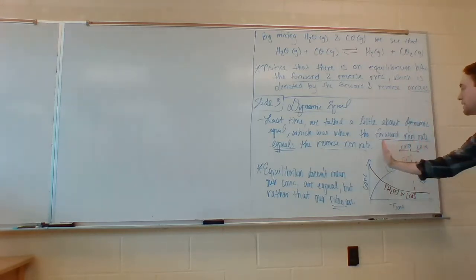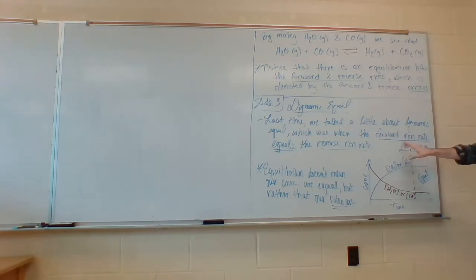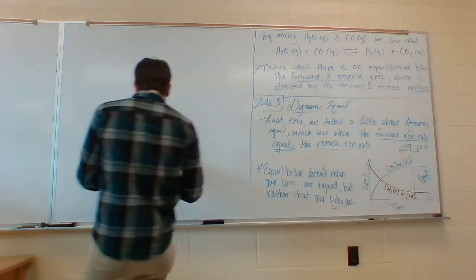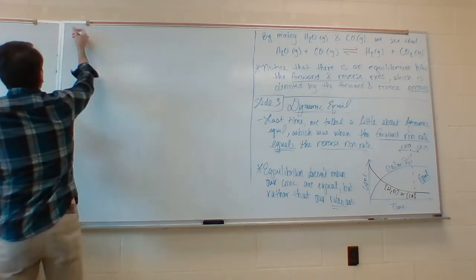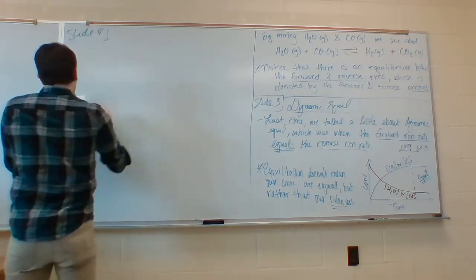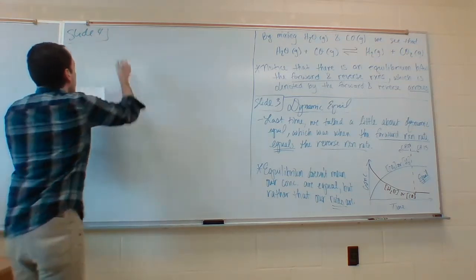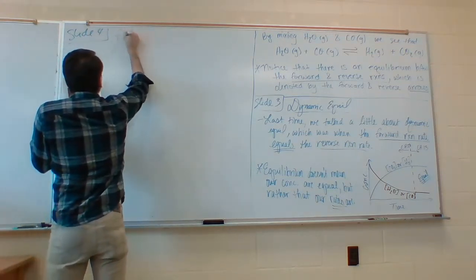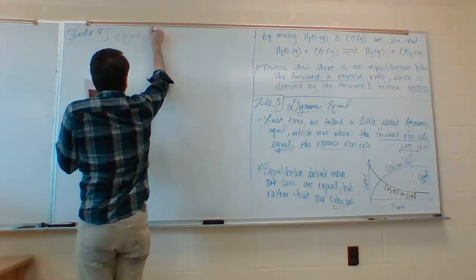So everything before this dotted line would be everything we talked about in chapter 12 about kinetics. And now we're going to be starting to talk about everything after that dotted line, which is our equilibrium process. So moving on to slide 4, here we're going to talk about our equilibrium constant.